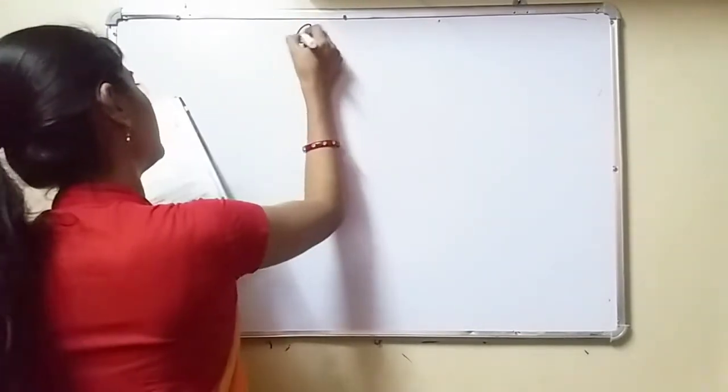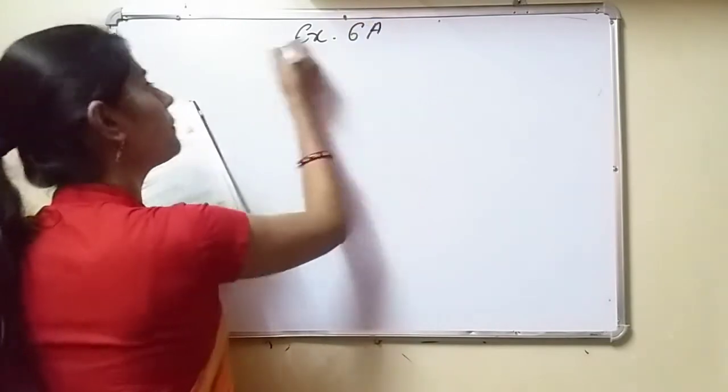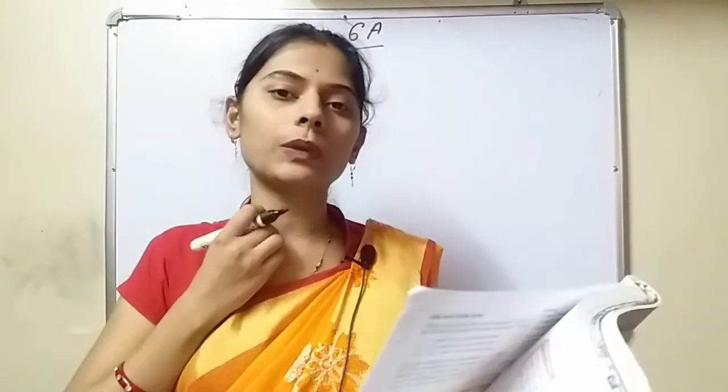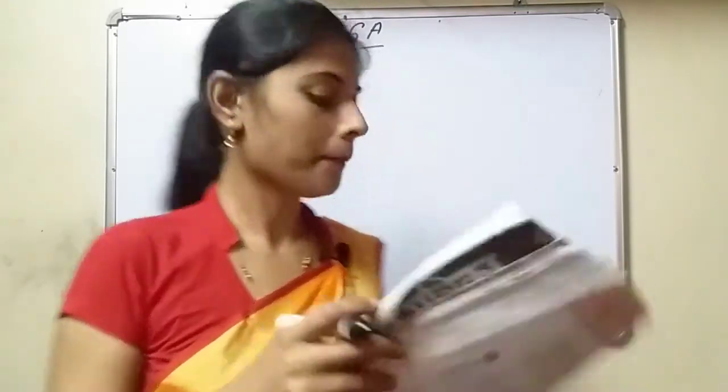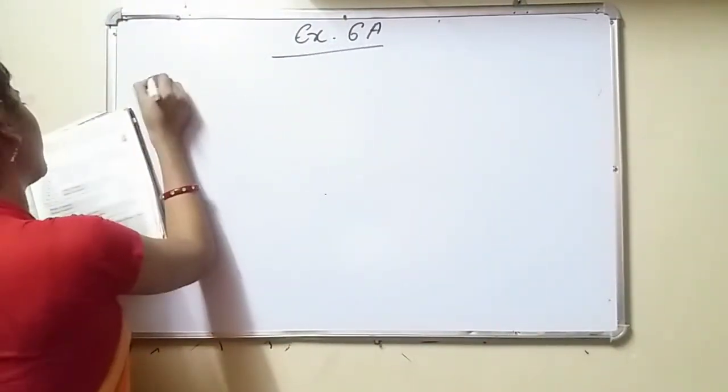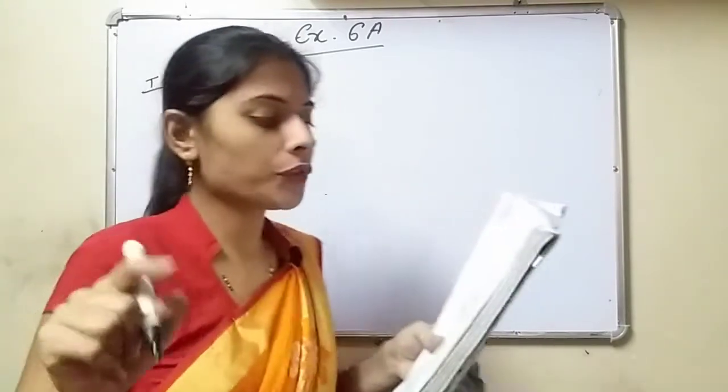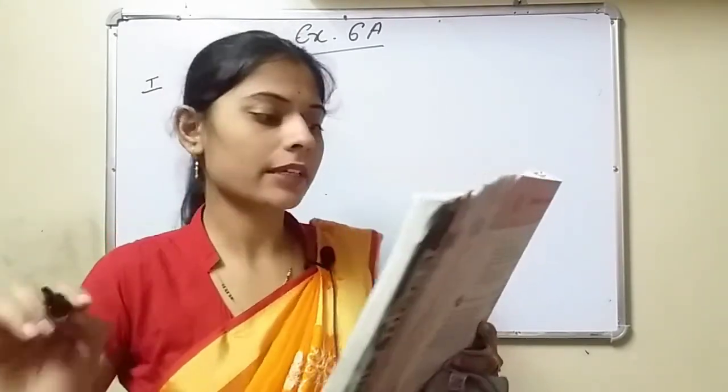Exercise 6a. For this exercise 6a, no need to write in your classwork copy, directly write in your textbook only. Okay. Question number first. How many matchsticks do you think are needed to make 6 triangles?